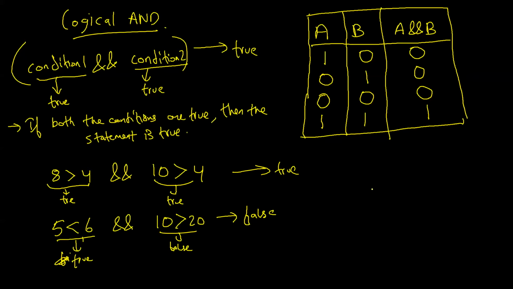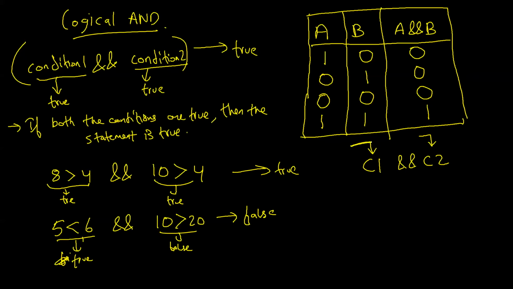So let me tell you about one other thing. So you have condition 1 and you have condition 2, right? So how our computer will work is, it will come here and see, is this condition true? If this condition is true, then it will move here and see, is this condition true? If both of them are true, then you will return the value true, right?